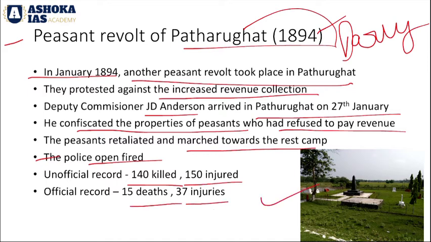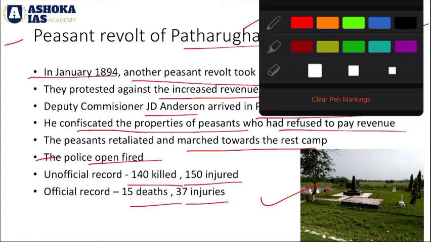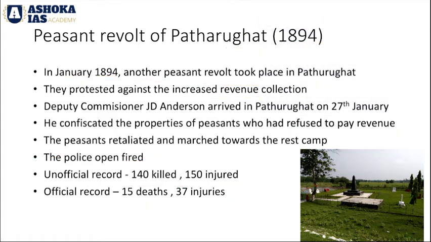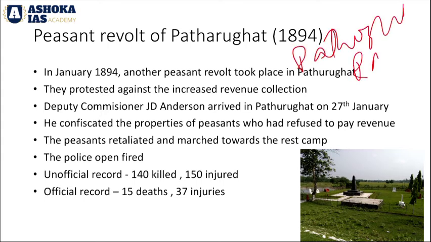This image that I have given here is an image of a memorial which is constructed in Pothoru in memory of the people who lost their lives in January 1894. This event is also known in history as Pothoru Run.